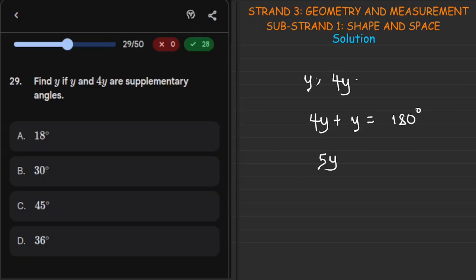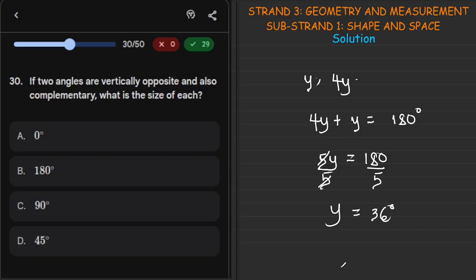So we have our 5y, which when divided by 5, dividing both sides by 5, we have 5 cancelling 5. Then we have our y being equal to what? 36 degrees.